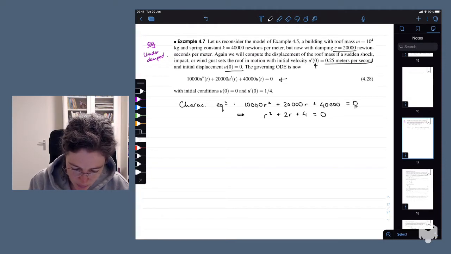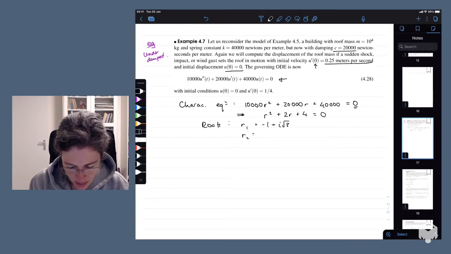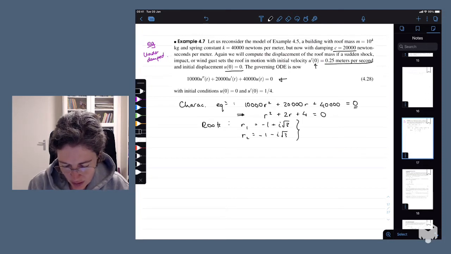And if you find the roots of this, what we get are r1 is minus 1 plus i root 3, and r2 is equal to minus 1 minus i root 3. So notice that these are a complex conjugate pair.